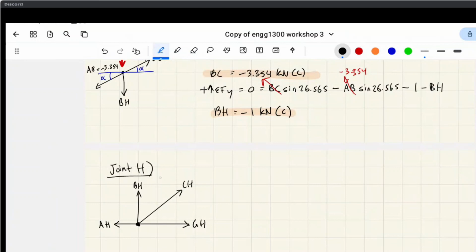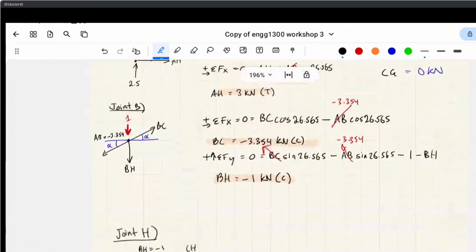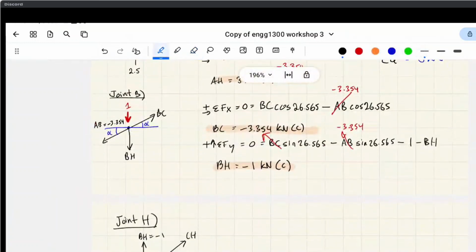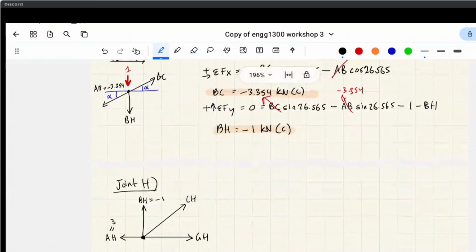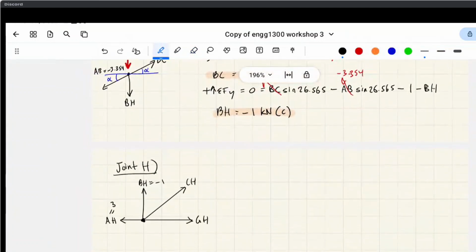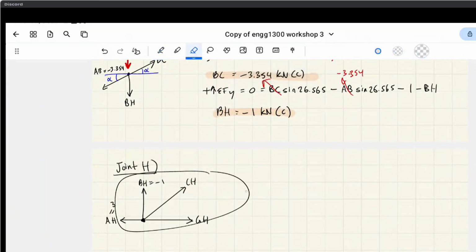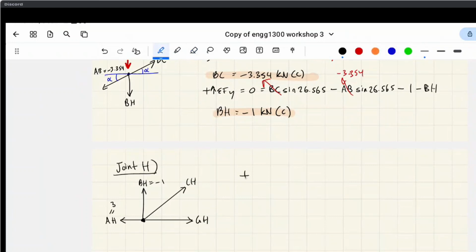This is -1, and this was 3. All right, so now we're solving for CH and GH. If we do the sum of the forces in the vertical direction, we can ignore GH, right?